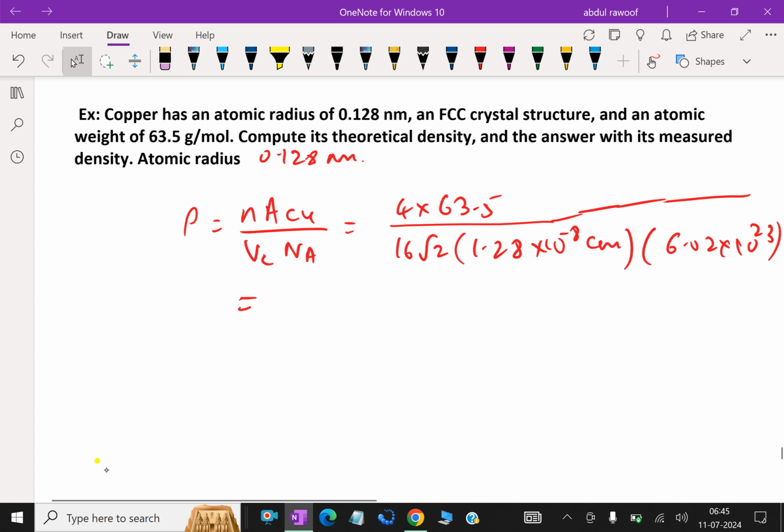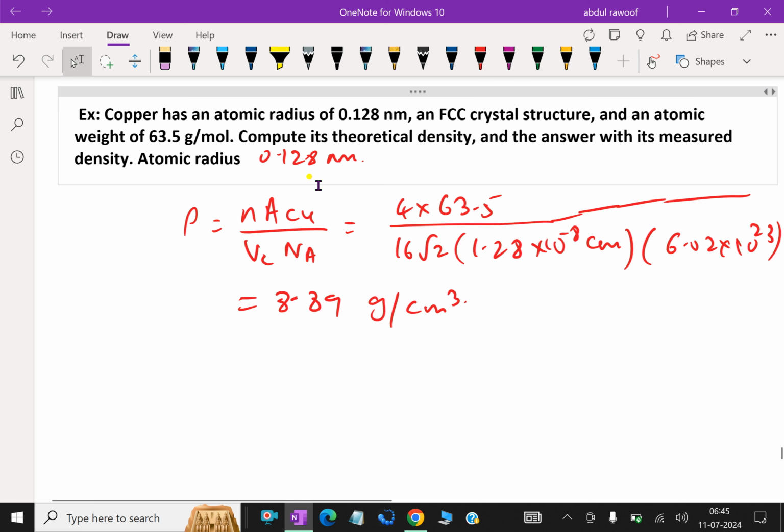Therefore, by calculation, this gives 8.89 gram per centimeter cubed. Here 0.128 nanometer is converted to 1.28 times 10 to the power of minus 8 centimeter, because nano means 10 to the power minus 9.